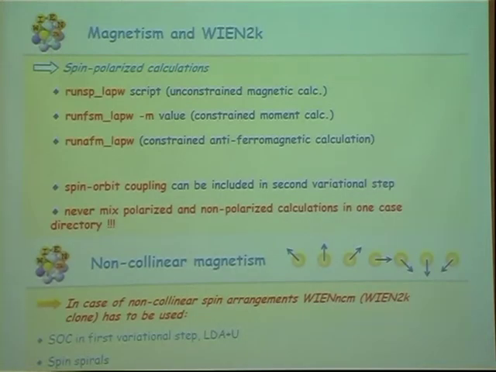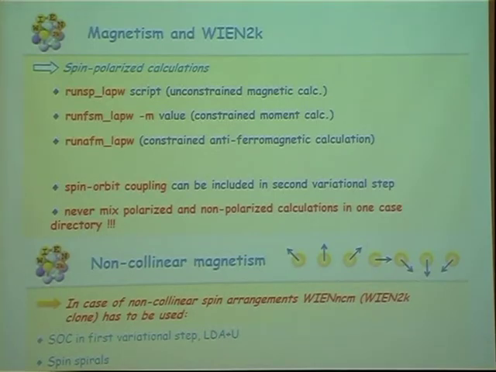Okay. In WIEN2k, you would consider these as spin polarized calculations. There are extra scripts which direct the calculation to do it spin polarized, so that spin up and spin down are different.